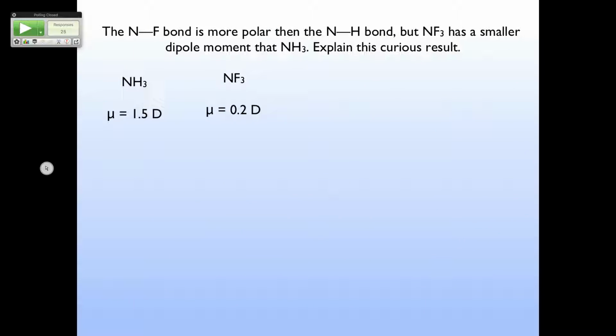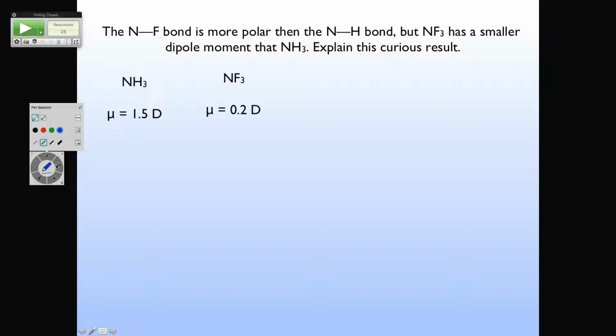Do I get the boiling points? No. That's coming. The NF bond is more polar than the NH bond. But NF3 has a smaller dipole moment than NH3. Explain this curious result. Because of the shape of the molecule, it pulls in equal directions. Well, let's look at that. So here is NH3.